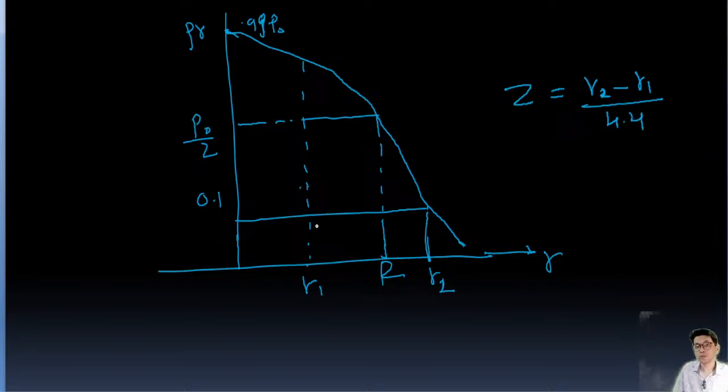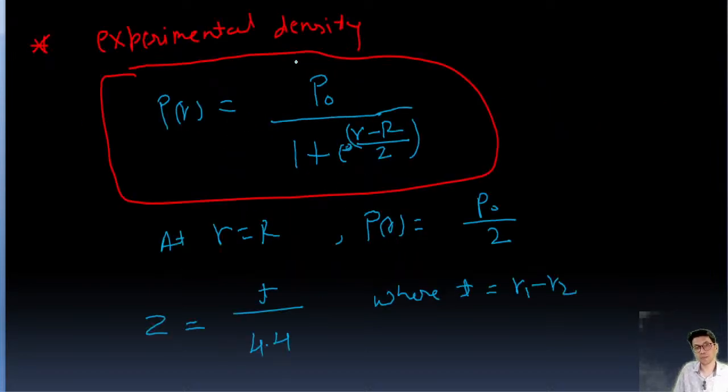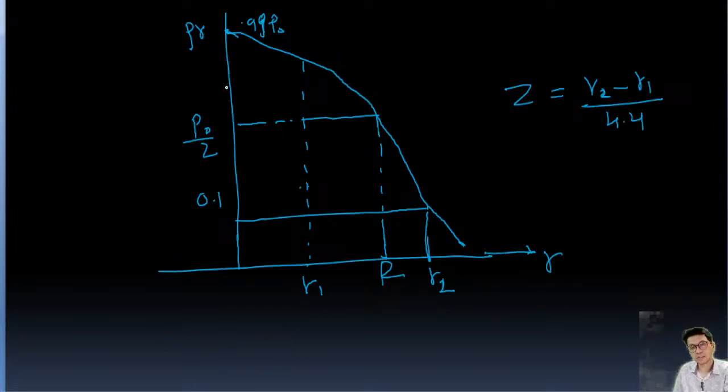Okay, so this is the graph, and experimentally the density of nucleus is rho r equal to rho naught upon 1 plus e to the power r minus capital R upon z. This is the r, this is rho, right? This is the graph, and value of z equal to r2 minus r1 upon 4.4.